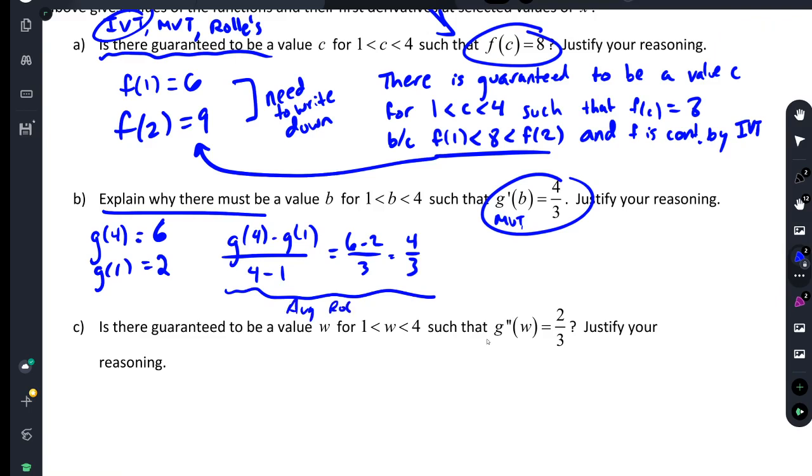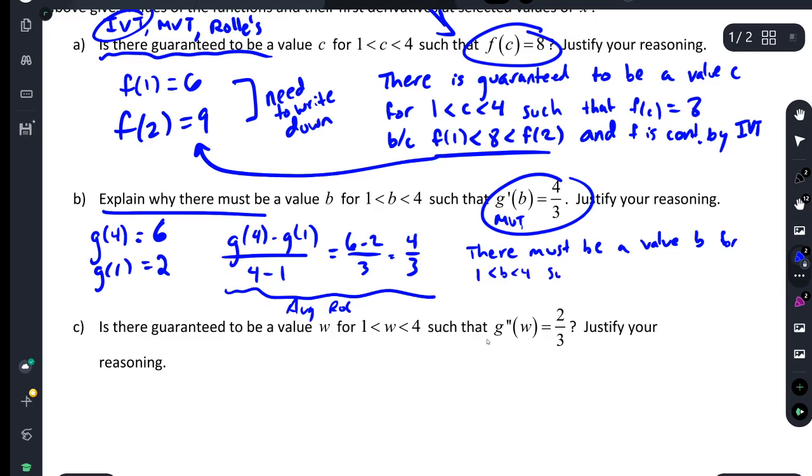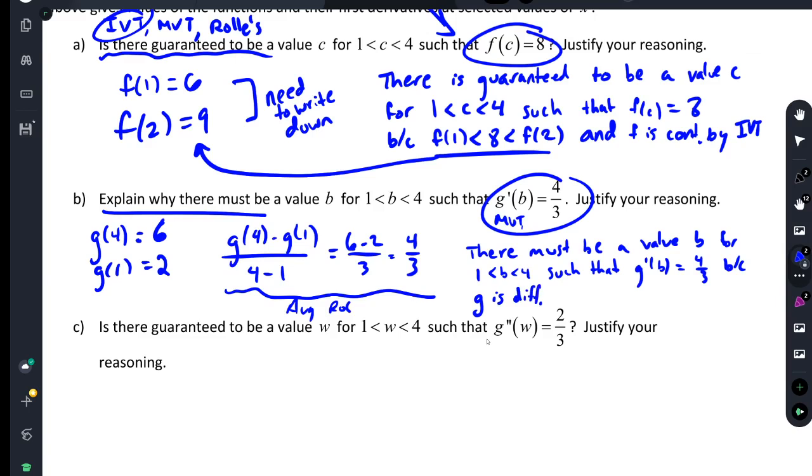So I'm going to say, there must be, you'd say yes, there must be if you want to, a value b, I'm just copying down their wording again, for 1 less than b less than 4, such that g prime of b equals 4/3, because g is differentiable, and then I did already write this in, so you could just say by MVT.